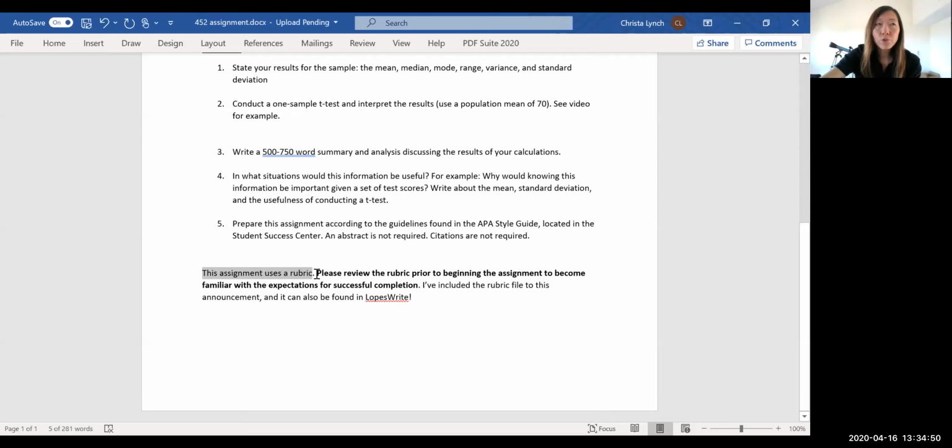So to almost ensure a good grade on this, please use the attached rubric. It's in Lopes, right? And I may have attached it to the announcement as well. Make sure that you look through that. If you've already completed your work, you can go back and make sure that you have everything included.